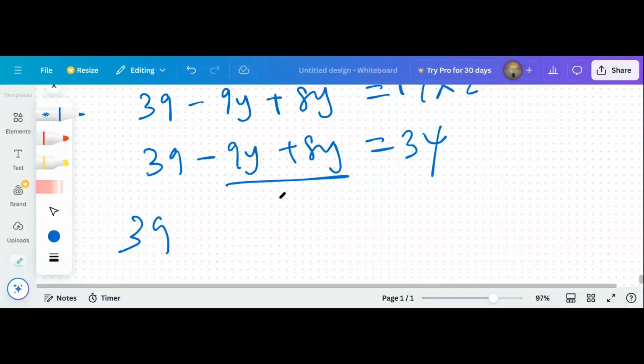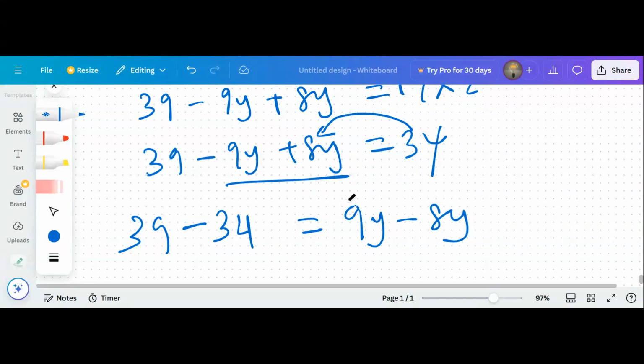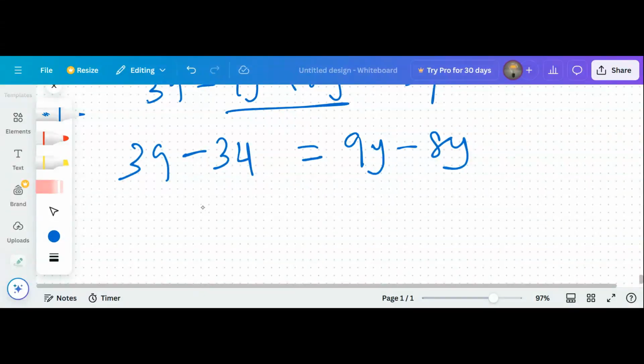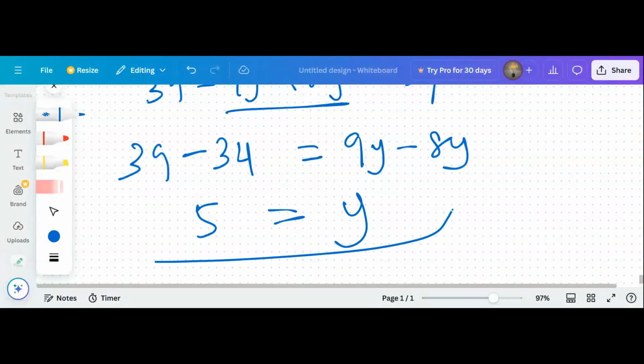The 39 we take to the right side: if it is plus here, on the other side it would be minus. Here minus 9y, if it goes to the other side it would be plus; and plus 8y would become minus. So 39 minus 34 is 5. 9y minus 8y is y. So y is equal to 5. So you found the y.